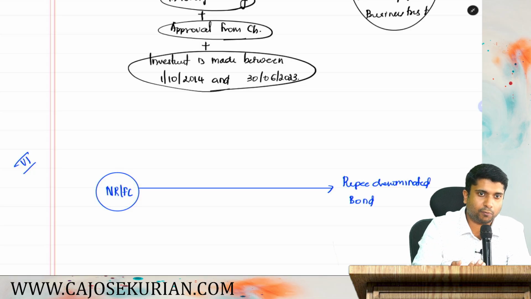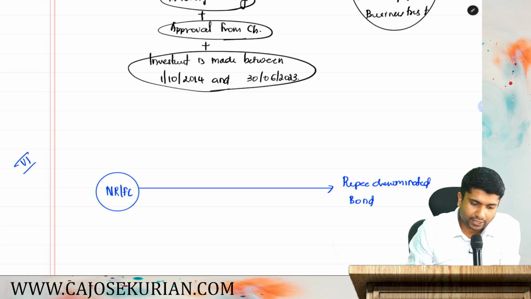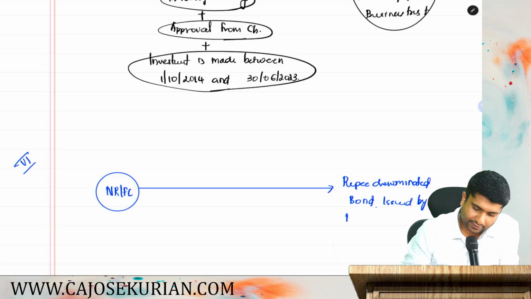This rupee denominated bond is issued by an Indian company or business trust.